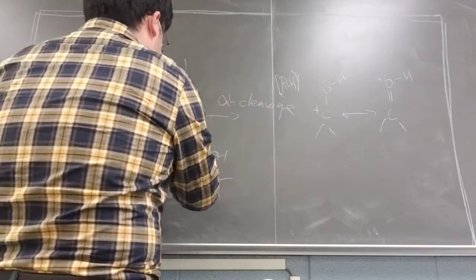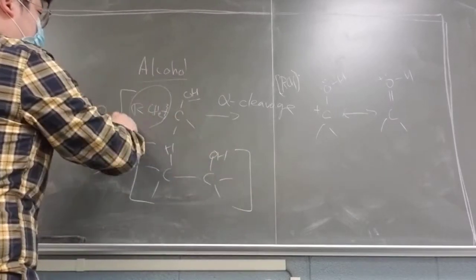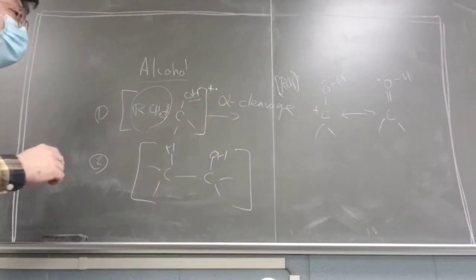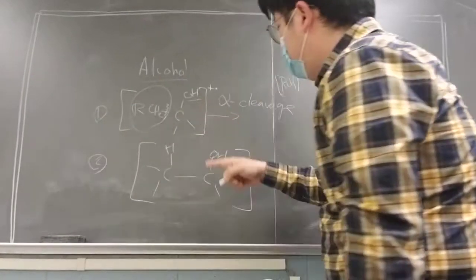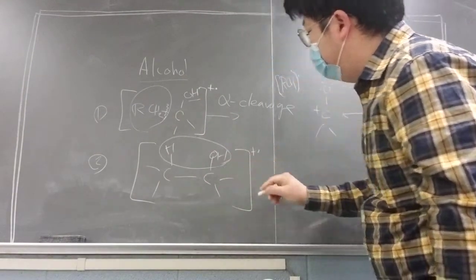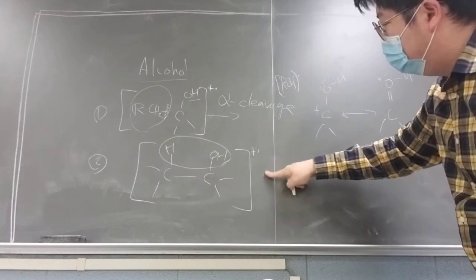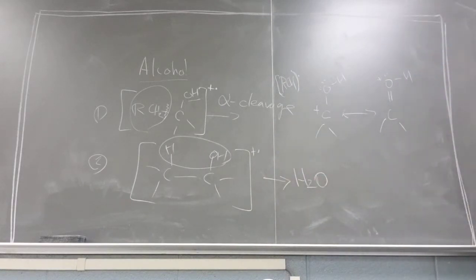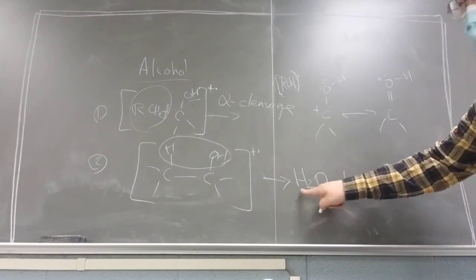Whenever you have a certain radical cation, it becomes very unstable, right? But in the second scenario, they will just dehydrate, just getting the water out.